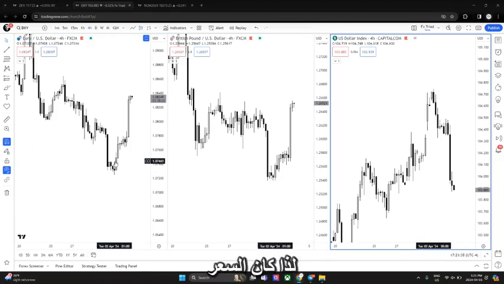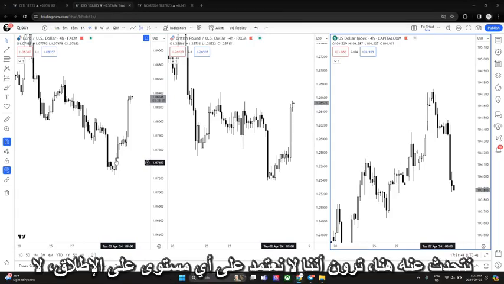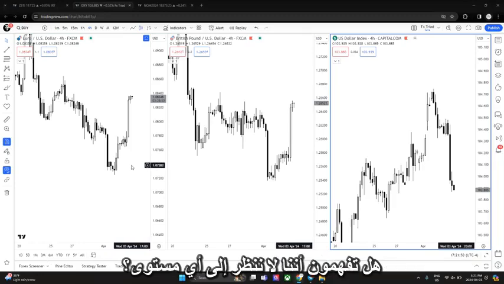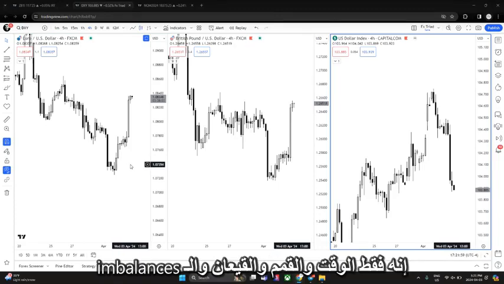So price was bound to go higher. If you were looking for everything that we talk about here, you'd see that. Are we relying upon any level at all? No. Do you understand that? We aren't looking at any level. It's just time, highs and lows and imbalances.